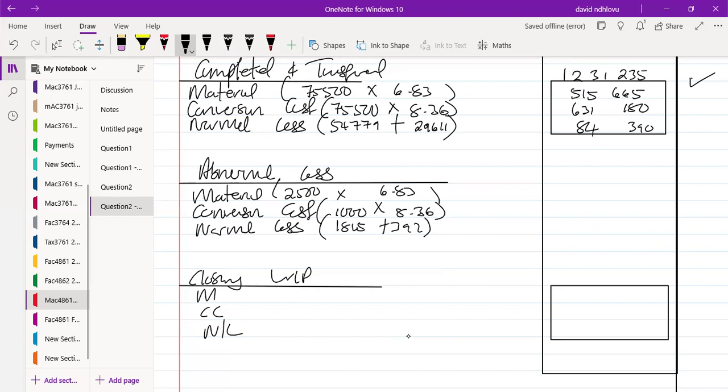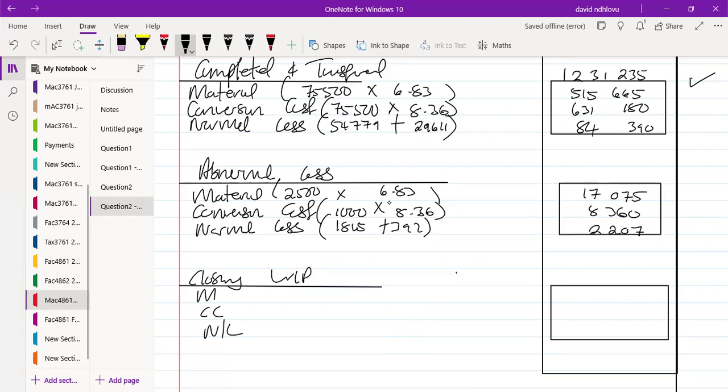So 2,500 multiplied by 6.83 gives you 17,075. 1,000 multiplied by 8.36 gives you 8,360. 1,815 plus 392 gives you 2,207. Then we add everything together.